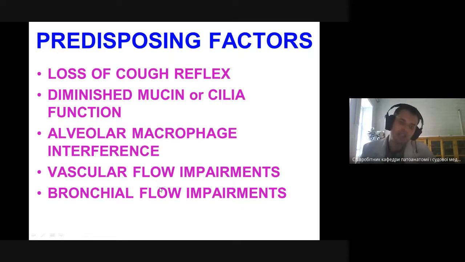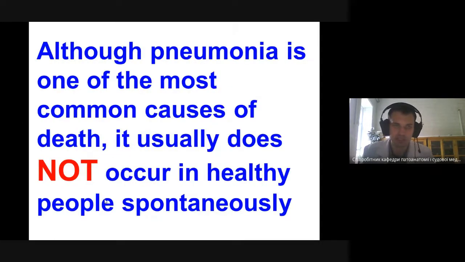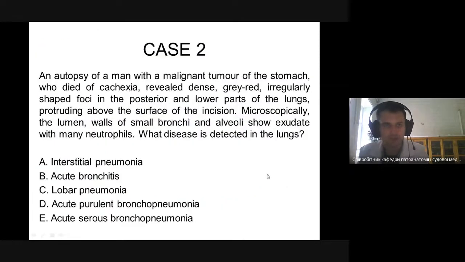Vascular flow impairment. So without blood, we cannot support macrophages. We cannot support any humoral immunity mechanisms. Bronchial flow impairment. So we need aeration to block the growth of bacteria. Although pneumonia is one of the most common causes of death, it usually does not occur in healthy people spontaneously.